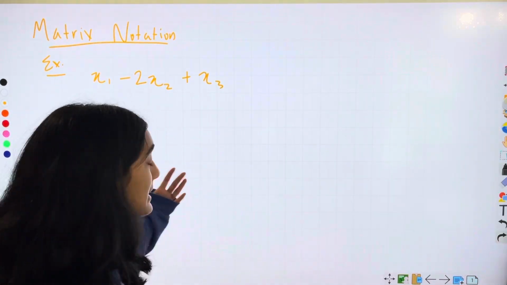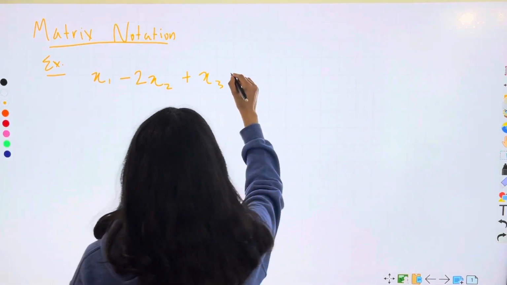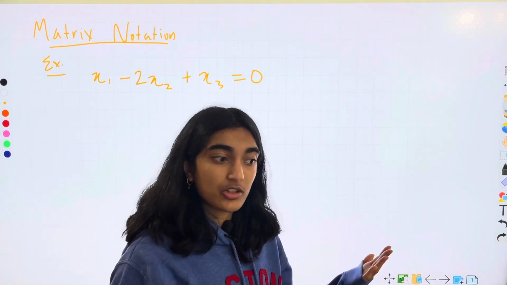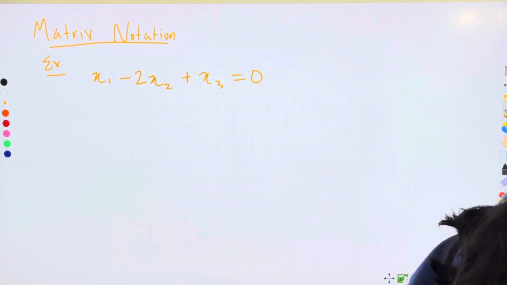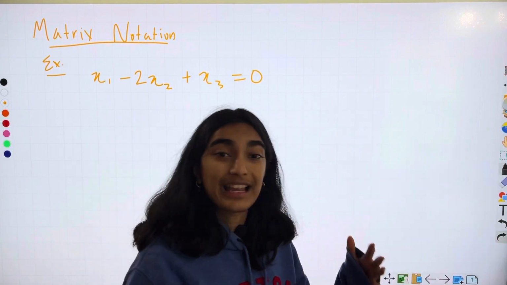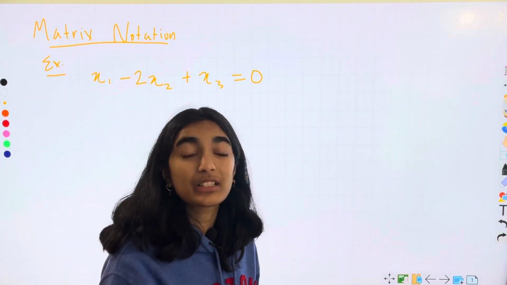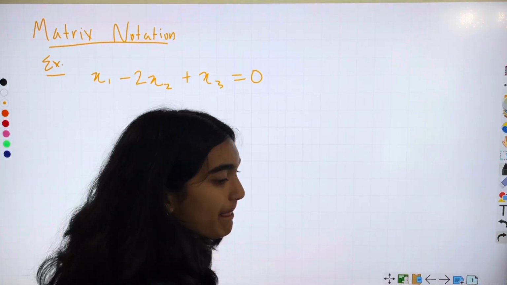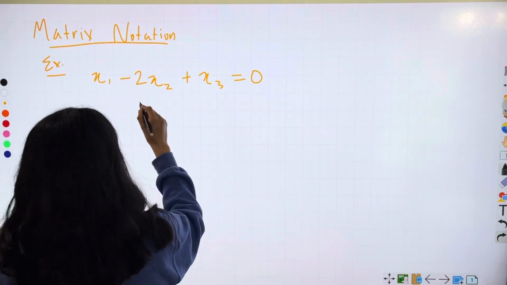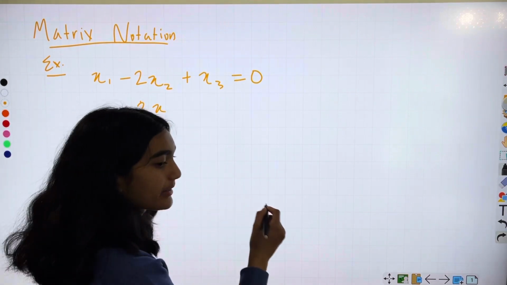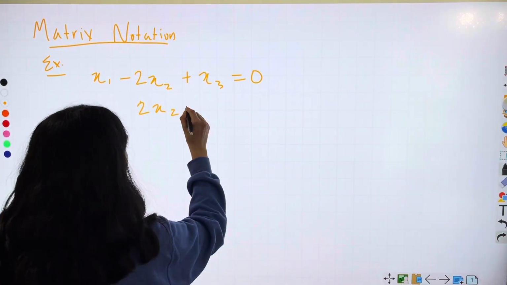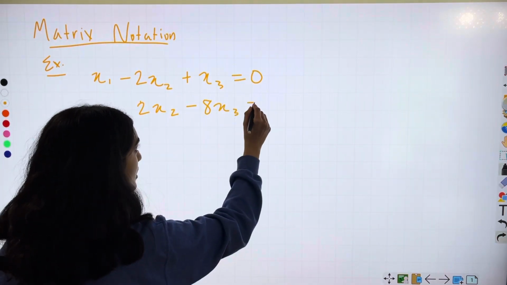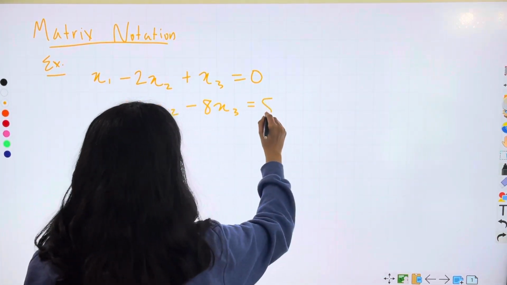If we want it to be an equation, we'll set it equal to something. Let's set it equal to 0. We have a system of equations, which is a collection of linear equations, so we're going to have more than one. This is our first equation, and now let's say 2x2 minus 8x3 equals 8.